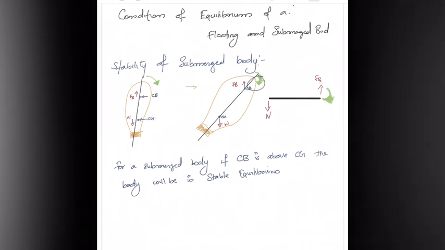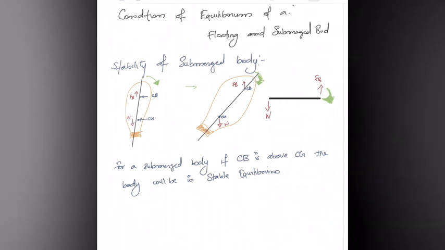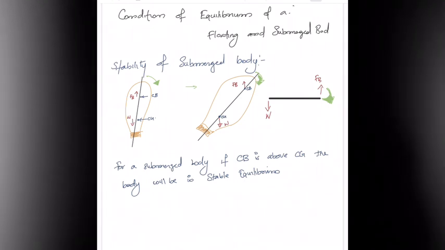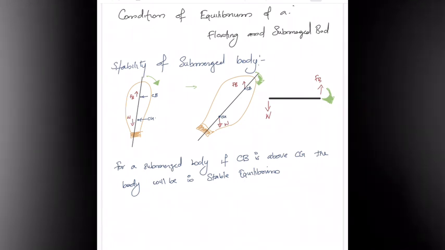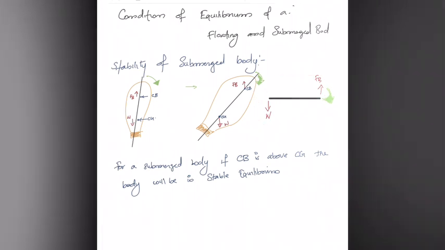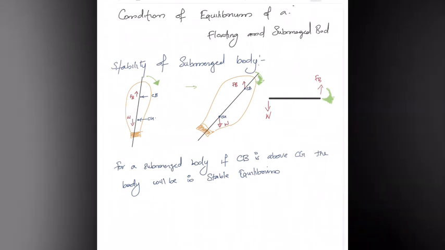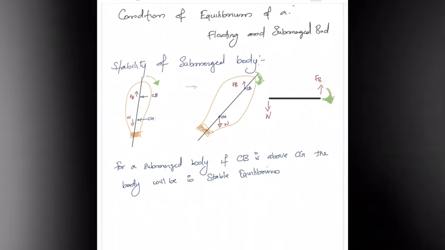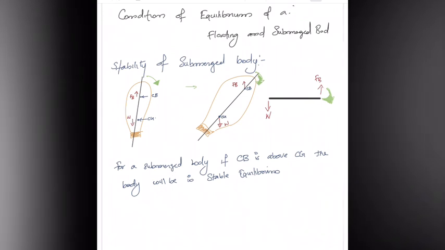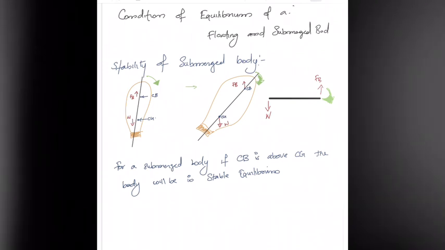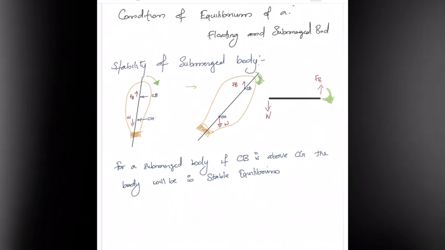Due to this tilting, this angular displacement, a couple is formed by FB and W, countering the moment, and thus the balloon returns to its original position. So what I'm trying to say is that for a submerged body, if CB is above CG, the body will be in stable equilibrium.